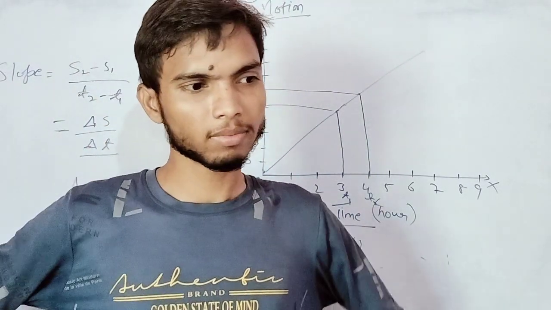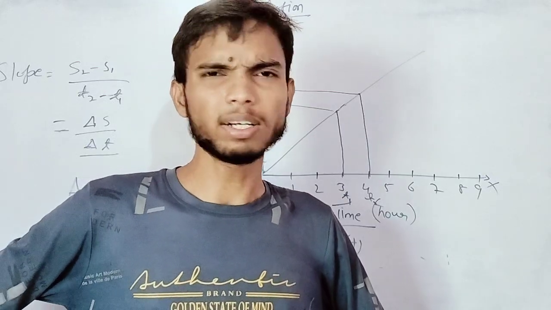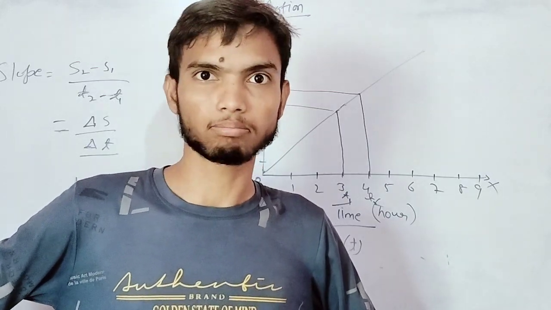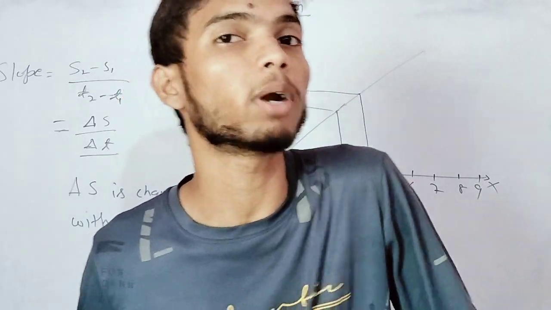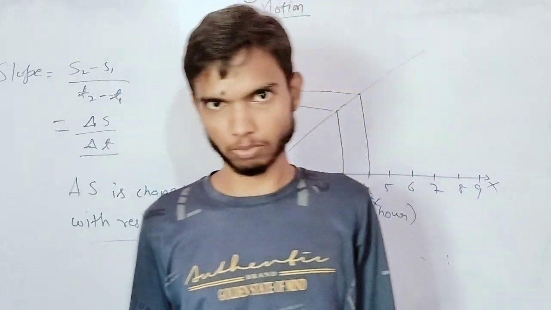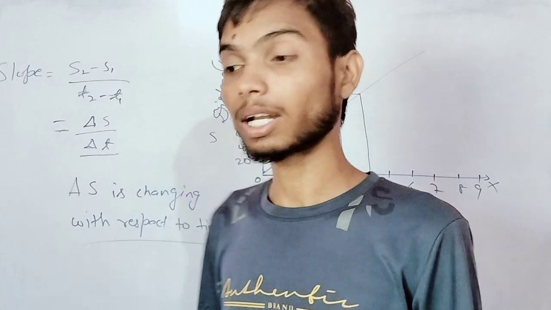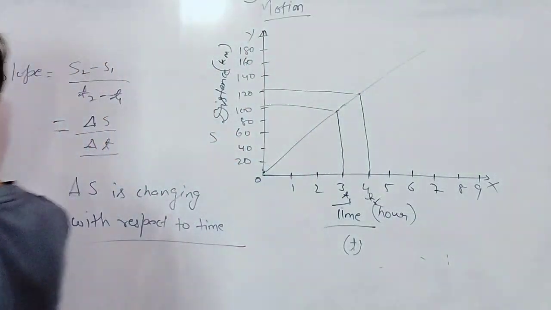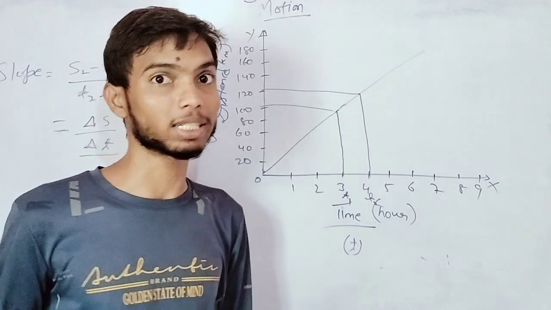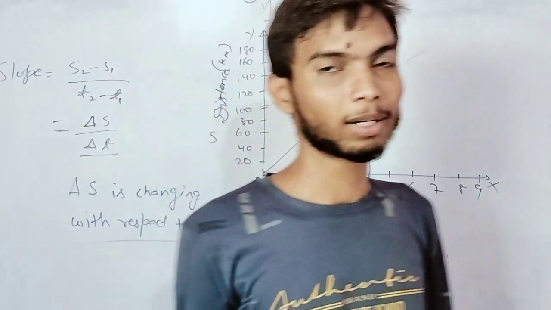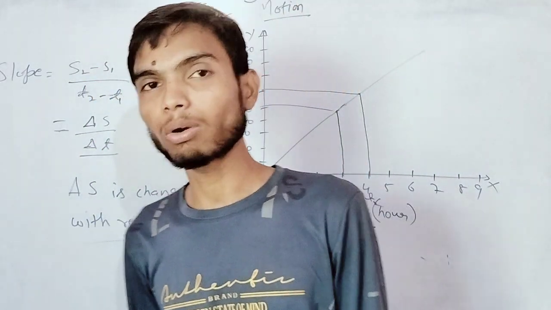So can we say a speed will depend on time? A speed depends on time, but time will not depend on a speed. Of course, time can be alone, but a speed will not be alone. It will take time. As you know, speed takes time, distance takes time, but time cannot.